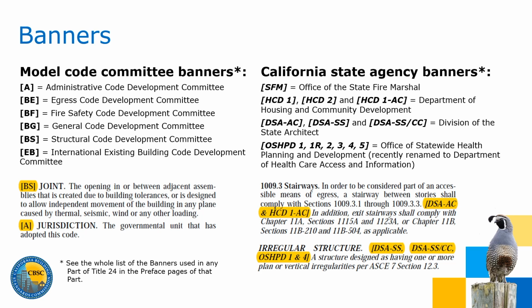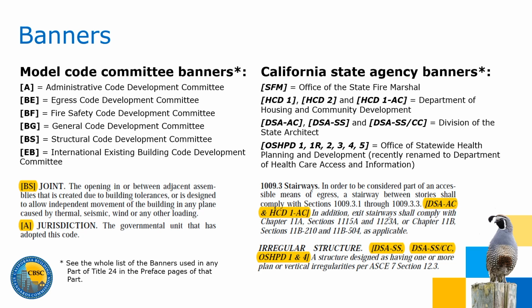When there is no state agency acronym banner within the text of the California amendment, it generally means that only one state agency has adopted that amendment, and the adoption is identified only in the MAT.